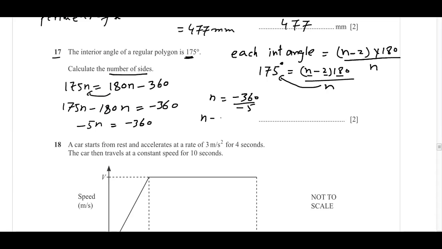It means the number of sides for this polygon is 72. So n will be 72 here. Whenever you have the interior angle of a regular polygon and want to find the number of sides, use the formula each interior angle equals (n minus 2) times 180 over n, and then get the number of sides from that.